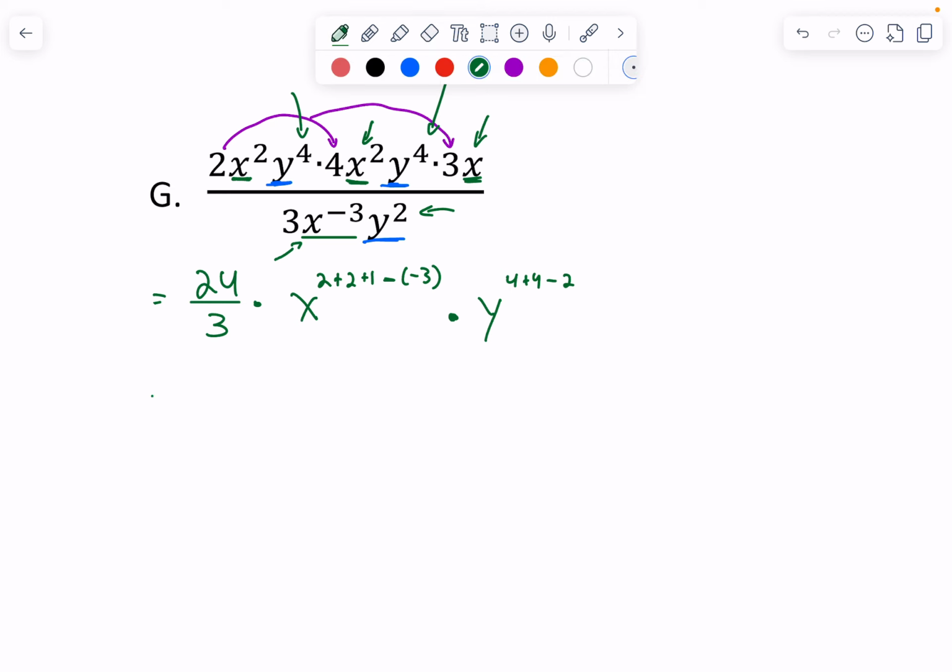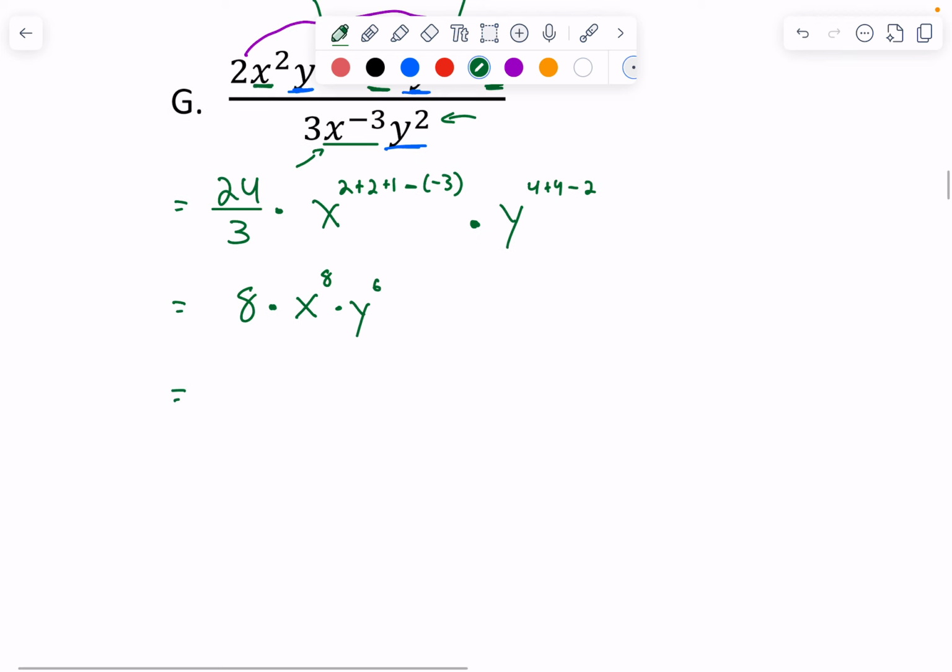So those coefficients now reduce to 8. And then you have multiplying x. Well, what does all that simplify to? 2 plus 2 is 4, plus 1, 5, and then essentially adding 3, so that's 8. And then y: 4 plus 4 is 8, minus 2 is 6, so times y to the 6, so that's just 8, x^8, y^6.